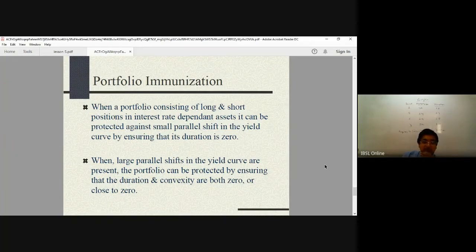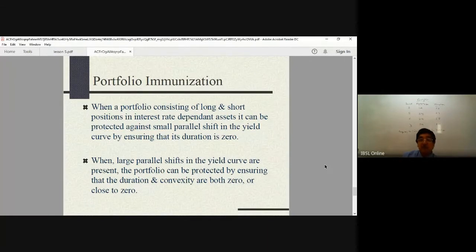Basically, the real meaning is, there you need to get an understanding about long and short positions. What is a long position and what is a short position? A long position is when you have those things in your hand as an investment.